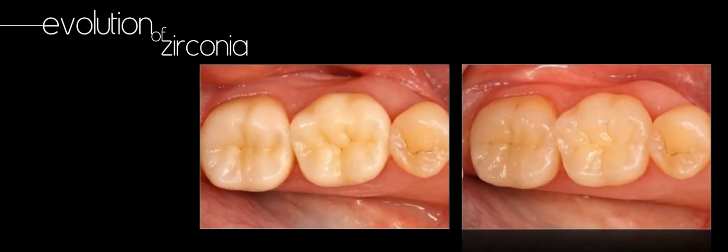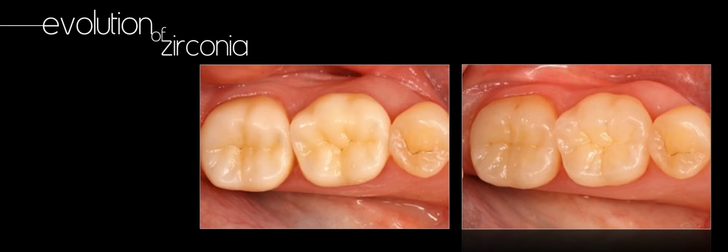This is a case we did a couple of years ago, right when these new materials came out. The two molars on the left were made with the high strength, high opacity zirconia. While the colors and tooth form are fine, we see that density we've come to expect from this kind of material.